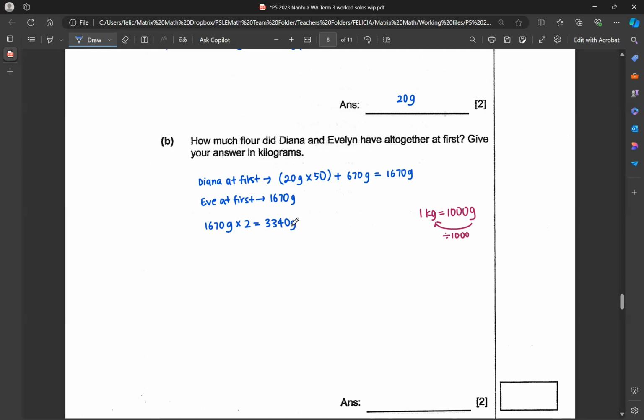So you start from the dot from the back, divide by 1,000 means 3 zeros, you move back 3 times. 1, 2, and 3. So you end up here, the dot ends here, which will be 3.340 kg. So 3.340, the last zero you can omit it. You can just put 3.34, it's fine. Okay, so this is your answer in kg.